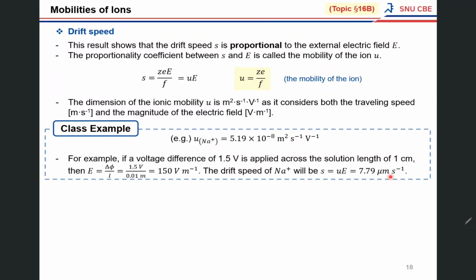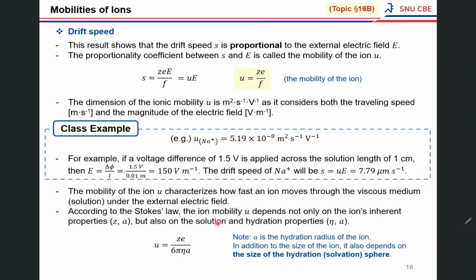So if you buy a battery and apply that voltage across a 1 centimeter thickness of salt solution, the sodium ion will move at this speed. This is what the drift speed and the concept of ion mobility can tell you.